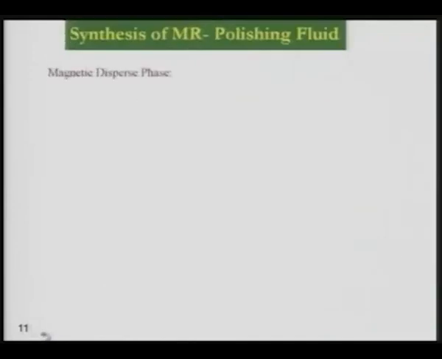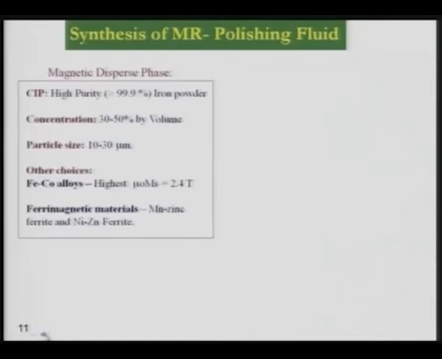The synthesis of the MR polishing fluid is like this: the magnetic dispersed phase, that is the carbonyl iron particles, are high purity, greater than 99.9% pure iron powder, and the concentration normally taken is around 30%, but the upper limit of this can be as high as 50%, which is rare.